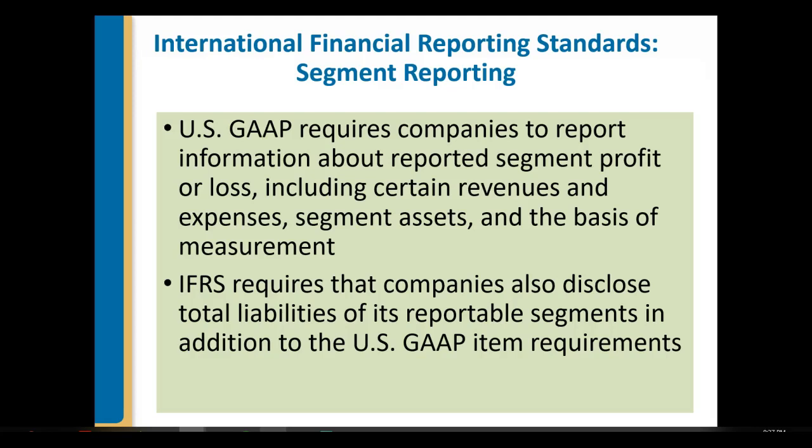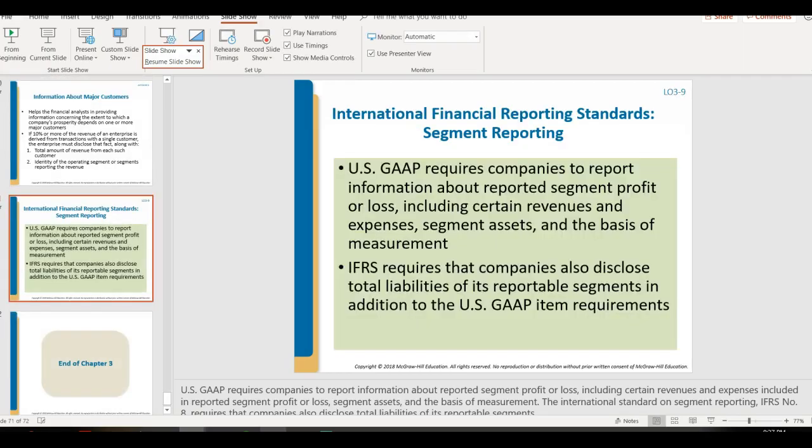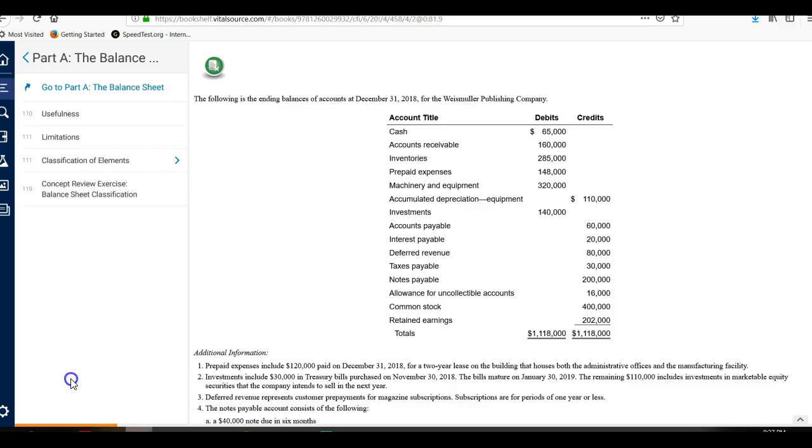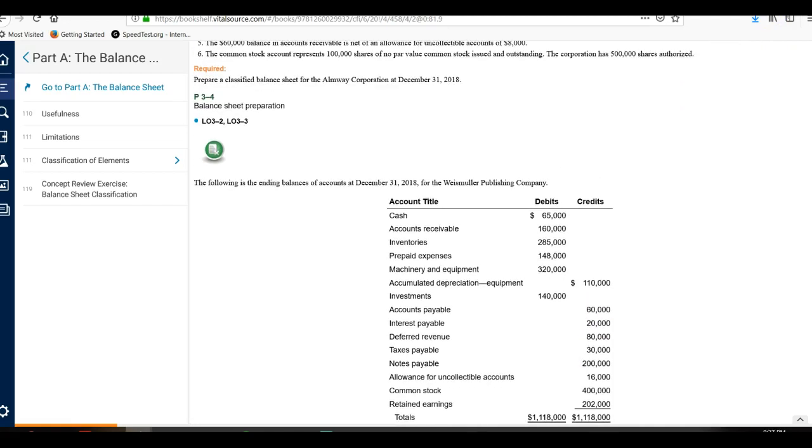So, since we are done with this chapter, what I'd like to do is just go over a couple of problems at the end of the chapter. What I'd like to do is start with problem 3-4, just to help you understand the balance sheet preparation.